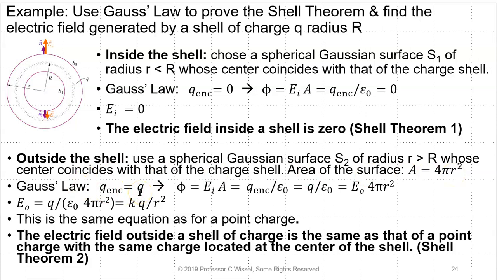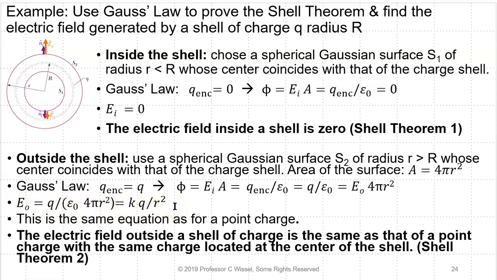Q enclosed is then equal to Q, and flux equals E times A. That equals Q enclosed divided by epsilon naught, or Q divided by epsilon naught, because all of the shell is inside this surface, and the shell carries charge Q. This equals E outside, the electric field outside, times 4 pi r squared, which is the area of the Gaussian surface. So E outside, the electric field outside a shell, is Q divided by epsilon naught 4 pi r squared, or kQ over r squared.